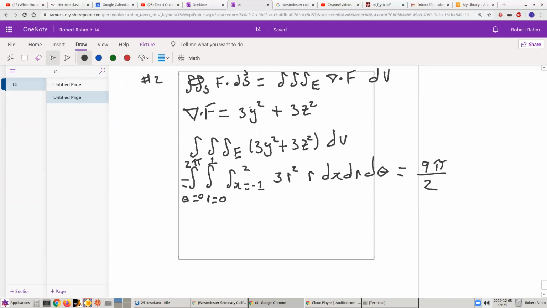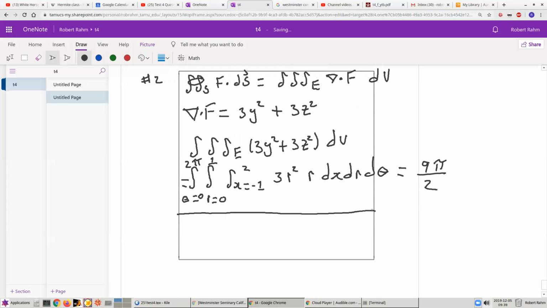Then we took the divergence of F, the gradient dotted with the vector field, which gives a scalar field that we integrate over this region. Going from here to here is just switching from Cartesian to cylindrical coordinates. The divergence theorem got us to this integral, and switching to cylindrical coordinates got us to this one.